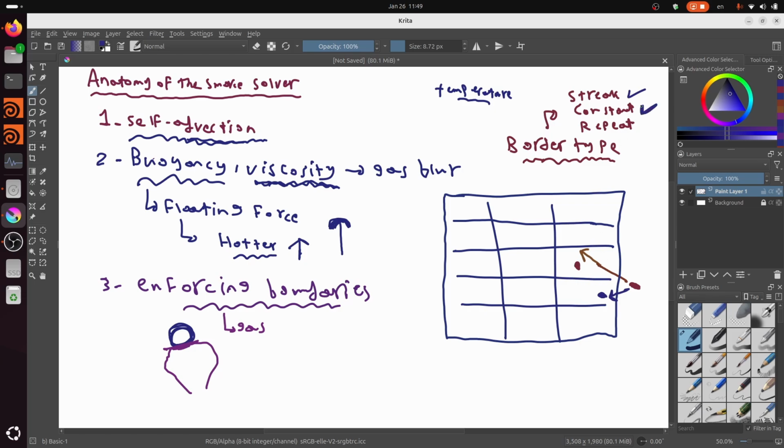And this constant means that the value of this voxel will not change, okay. It will take the same value of this voxel. And this repeat means that it will take the value of the voxel at the opposite edge. So it will take the value of this voxel here. So you have three options when you go back in time to see where you were in the previous frame.